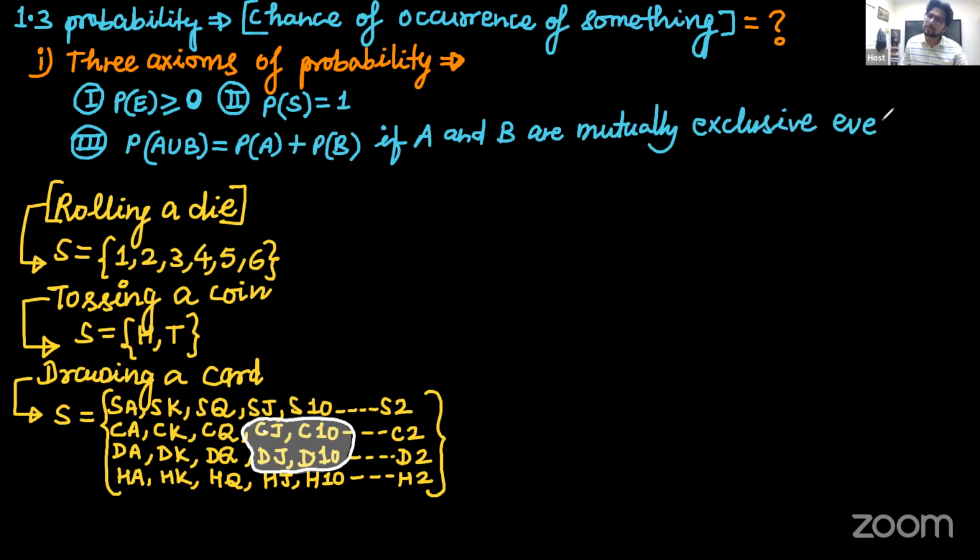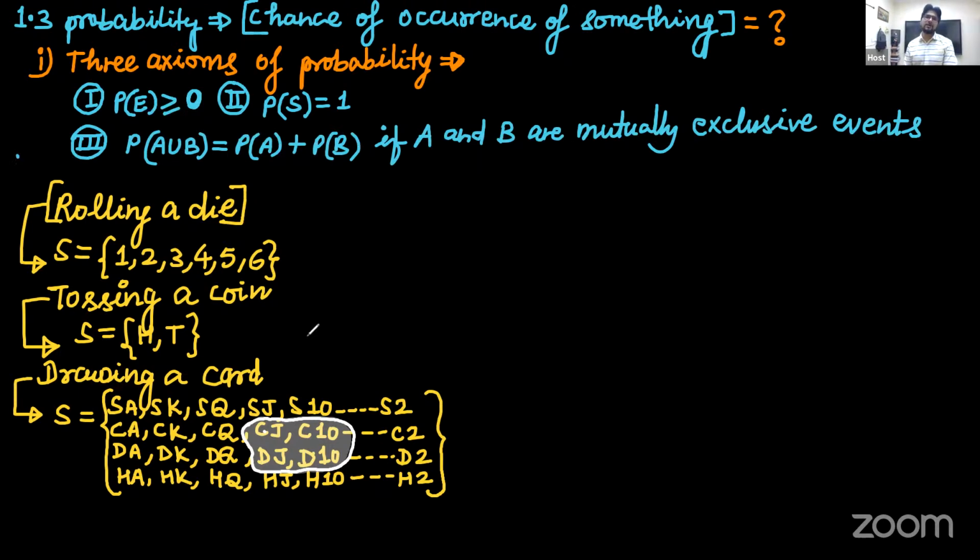So what are mutually exclusive events? Mutually exclusive events are never going to happen simultaneously. They cannot co-occur. Mutually exclusive events can never occur simultaneously. Okay? This is the third axiom.